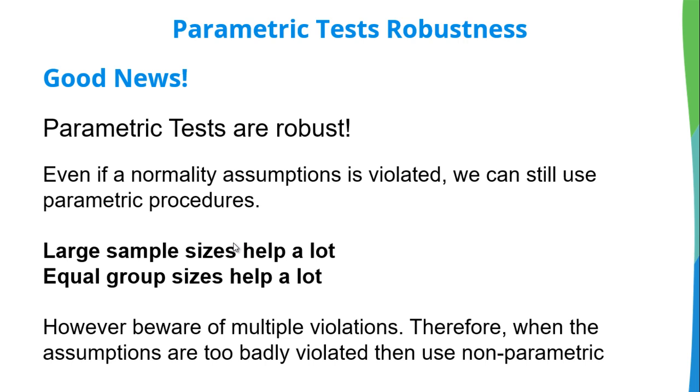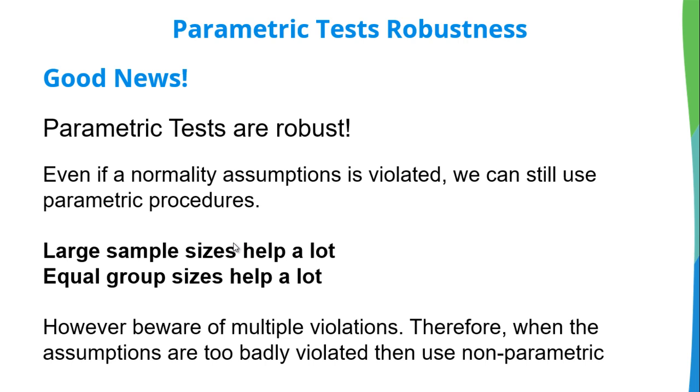But a large sample size will help a lot under this condition, and at the same time equal group sizes are also very important. Maybe you have group data called gender, for example. If you have 10 male, you cannot have 20 female. You must have 10 male, 10 female.